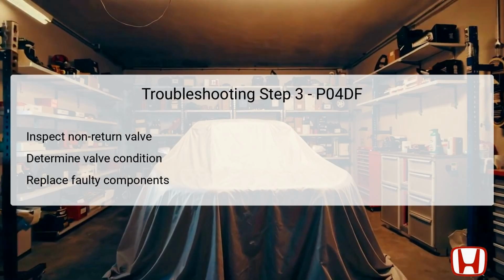The third step involves checking the non-return valve to ensure it is functioning properly. Inspect the valve for any signs of malfunction or failure. If the non-return valve is found to be in proper working condition, you will need to replace the EVAP canister vent shut valve, as this could also be contributing to the high purge flow issue. Conversely, if the non-return valve is defective, it will require replacement to restore system functionality.